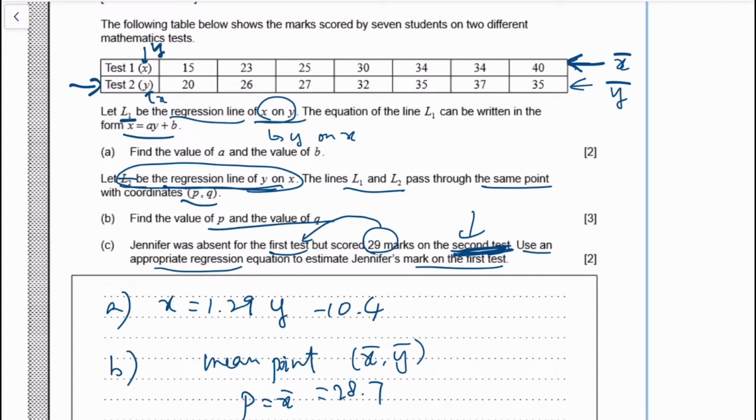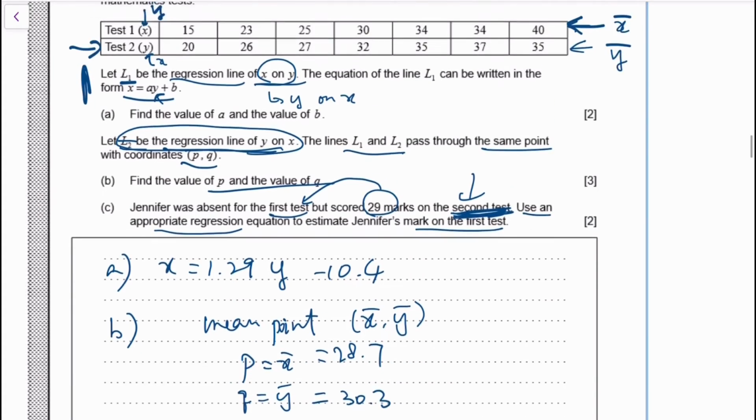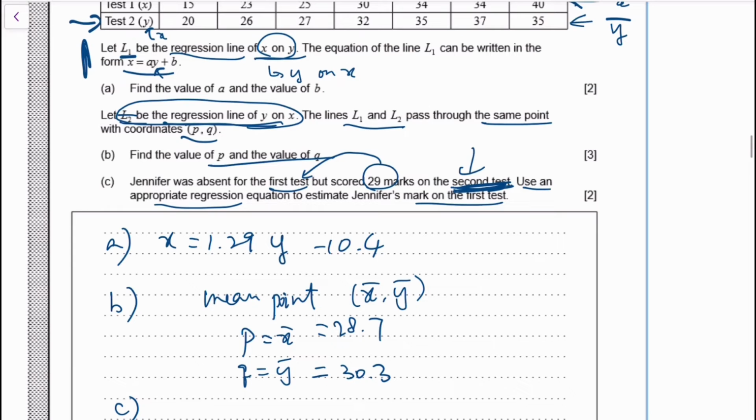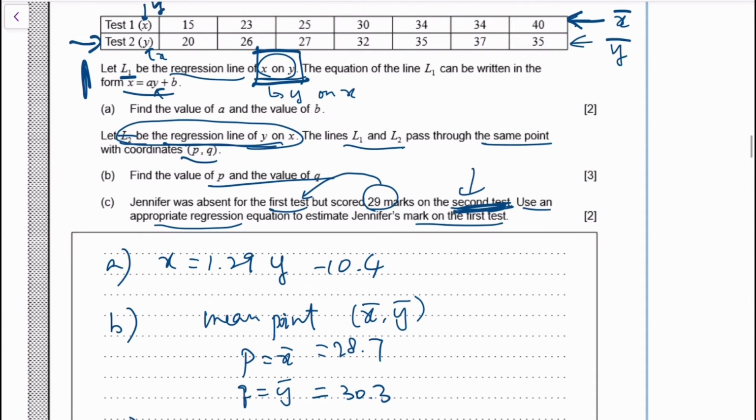That means we should be using L1 because the second test is in the position of x. Technically it's called x on y, so it's talking about how the result of the first test depends on the second test, which is exactly the way we want to estimate in this case.